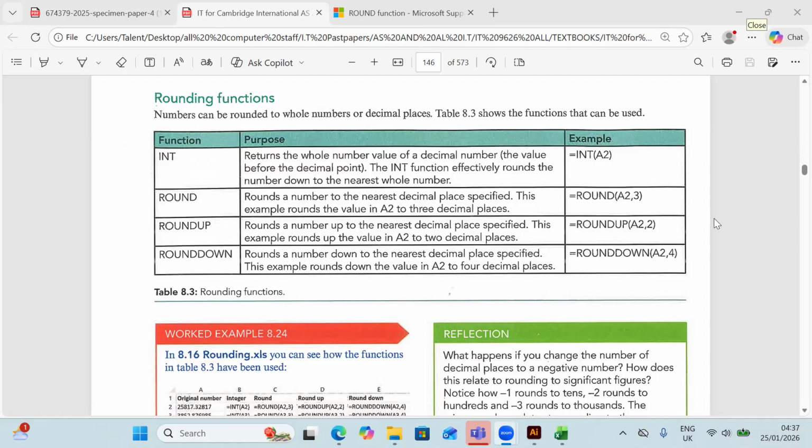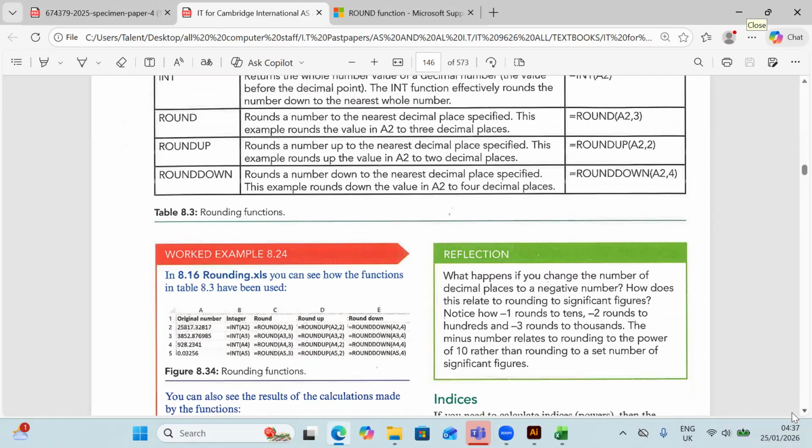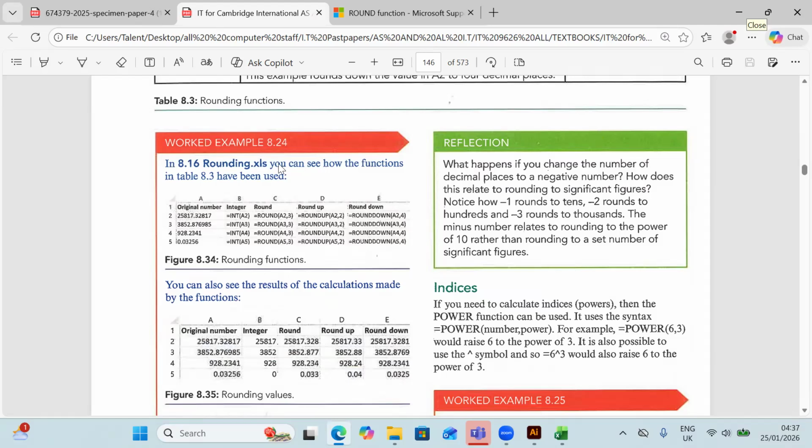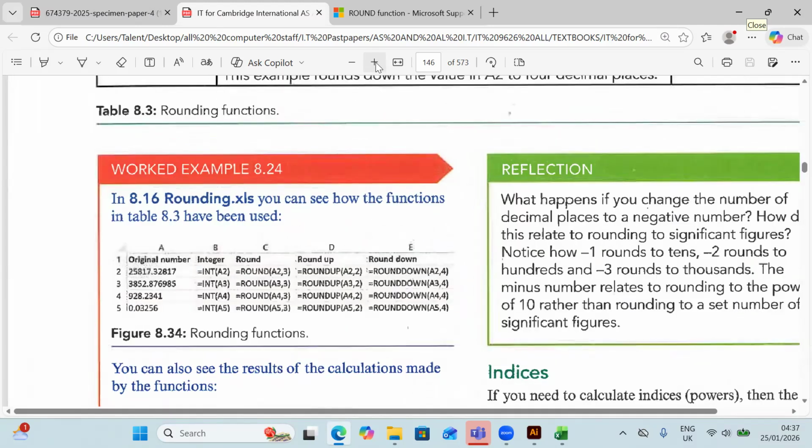So let's look at the worked example that we are given in our textbook, and then we can understand it much better. From this worked example, you can see that we have our original number. These are the numbers that we have been given, and from these numbers, we are going to calculate the integer, the round, the round up, the round down.